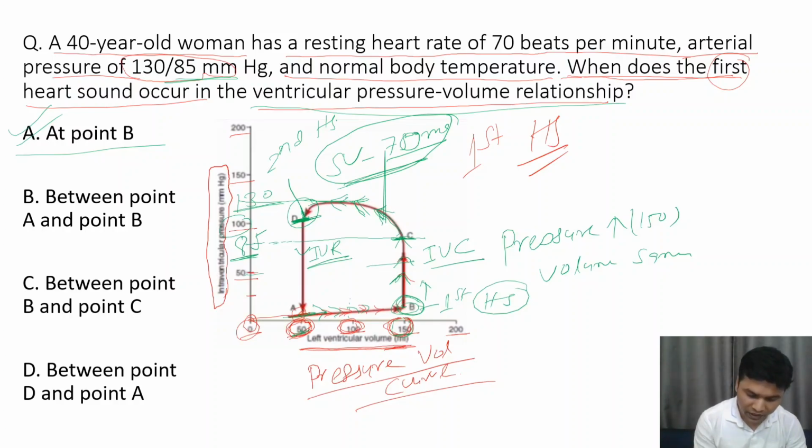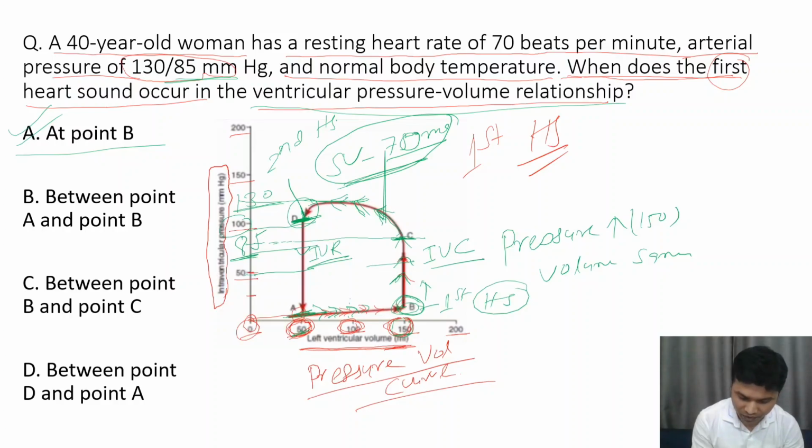Until then, the ventricular pressure is very high, around 100, 85, 50, so it is more than the atrial pressure and the atrioventricular valve is still not open. When it becomes less than the atrial pressure, the atrioventricular valve will open and blood from the atria will flow to the ventricle because of gravity, and the volume will start increasing.